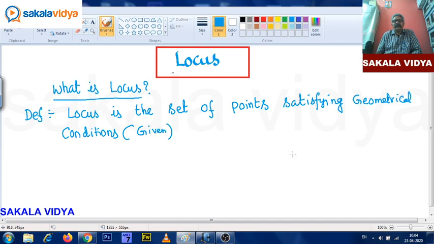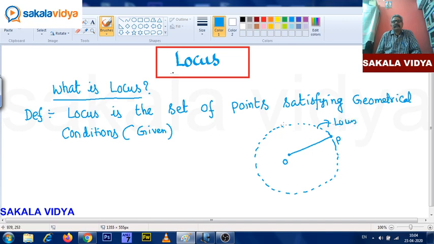For example, if you want to find out the locus of the point which is at a constant distance from a fixed point, this is the fixed point, and P is the moving point. If you just trace it, you will get a path. This path is known as locus. So, here we have the set of points satisfying the geometrical condition. What is the geometrical condition? Actually, at a fixed distance, say r.